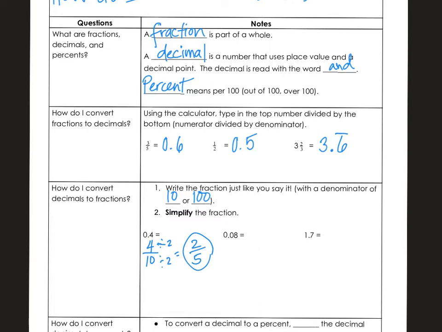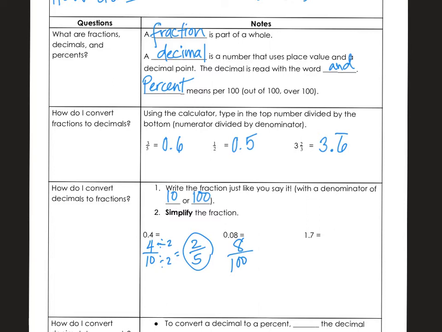All right, for the next one, we have 0 and 8/100. Okay, so I'm going to go ahead and write that as I said it. And then as you can tell, both of these are even, so they can be divided by 2, but I also want you to think, what else can they be divided by besides 2?